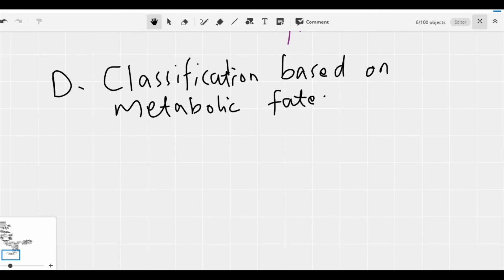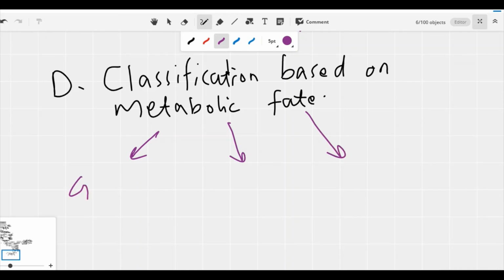So from the metabolic point of view, we divide the amino acids into three groups.